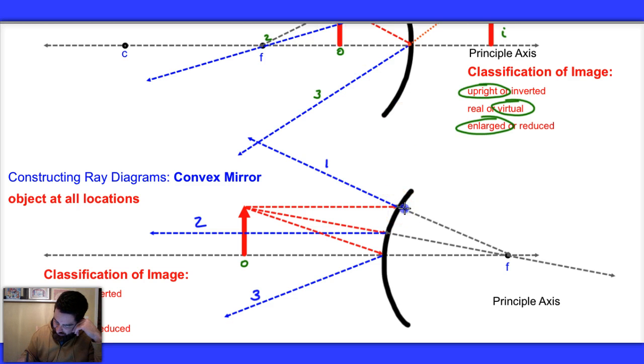If I track those three lines back behind the mirror, we see that they all intersect and appear to originate at some point here behind the mirror. The nature of our sketch illustrates that the image is upright, it's reduced in size, and it is a virtual image.